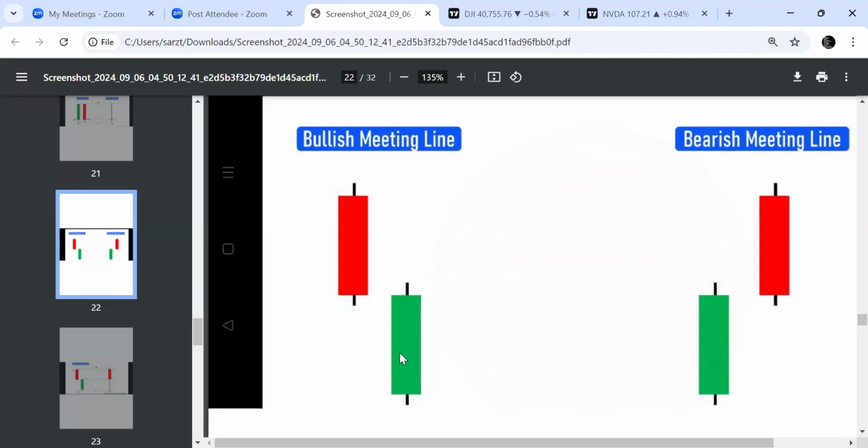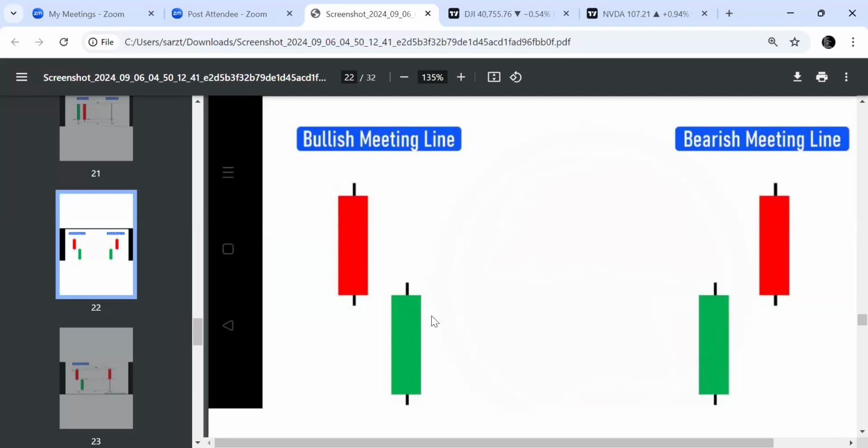However, if the price reverses after the gap down and the second candle closes near or at the previous red candle's close, it signals a potential bullish reversal. This pattern indicates that despite the bearish pressure, the bulls have managed to regain control, pushing the price back up.